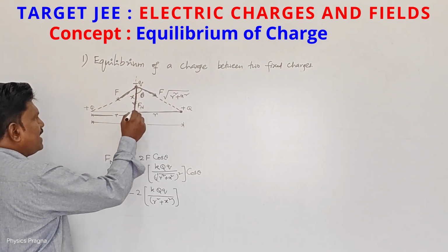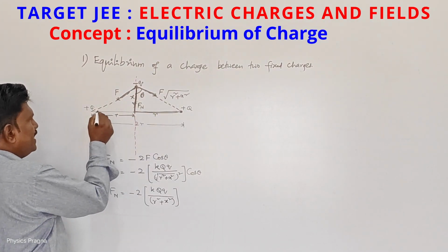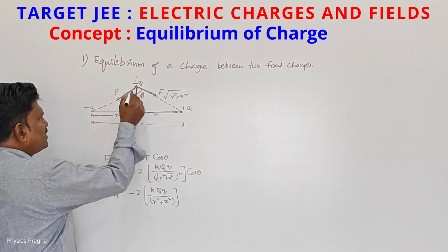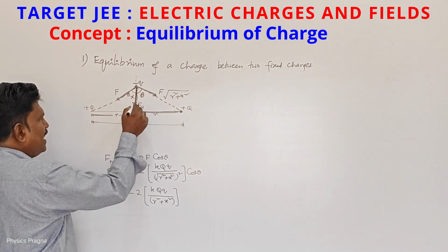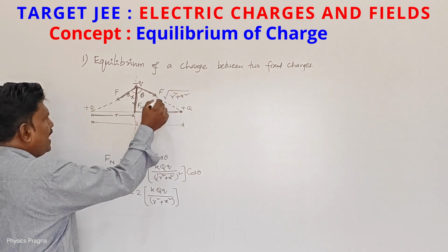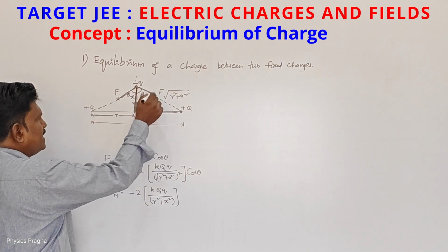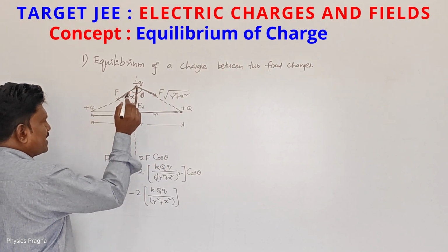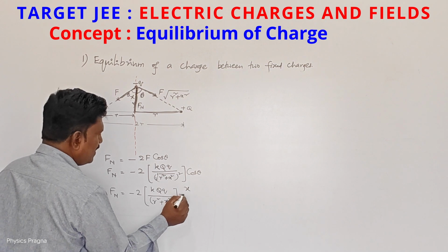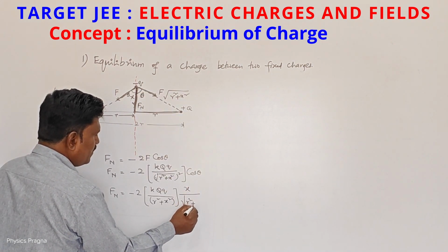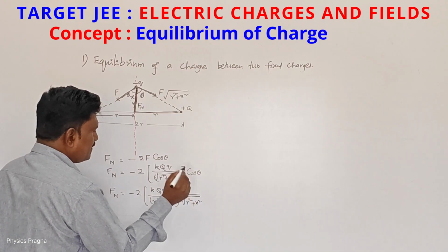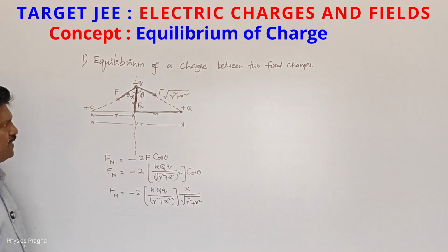In this right angle triangle, here also the angle is theta only, both are similar. So cos theta is adjacent side by hypotenuse. Adjacent side is x, hypotenuse is root of r square plus x square. So let us simplify this one.